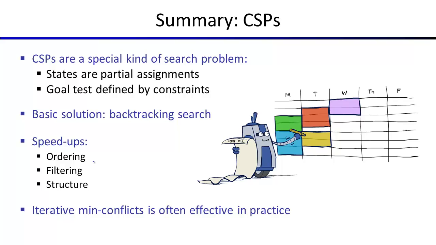Ordering: try the things that are going to work, and do the hard work first so that the backtracking is as painless as possible. Filtering: think ahead and eliminate the consequences of your actions without actually having to do the backtracking. Structure: change the structure of your graph so that you can use efficient specialized algorithms of various kinds. And we had this idea of iterative min conflicts, which might or might not work, but when it works is sometimes really, really fast.